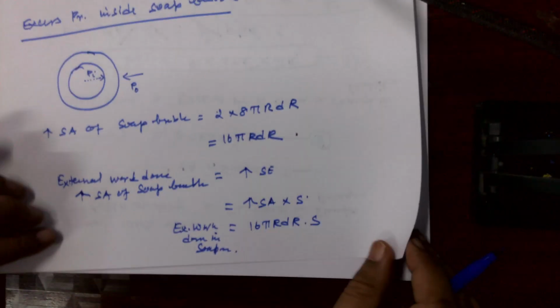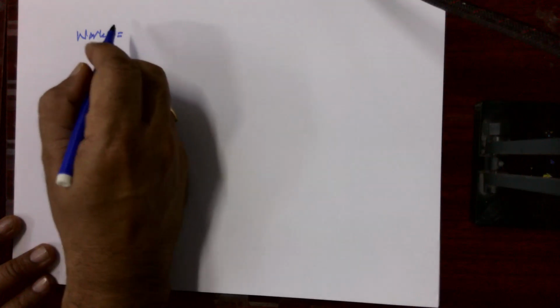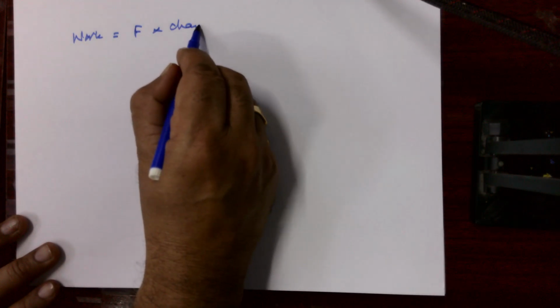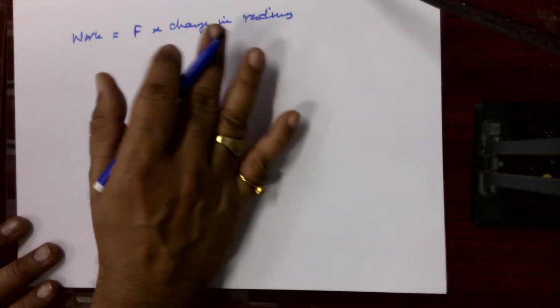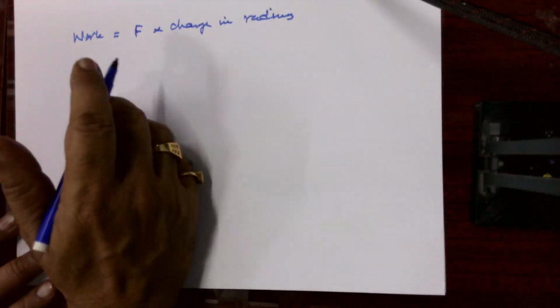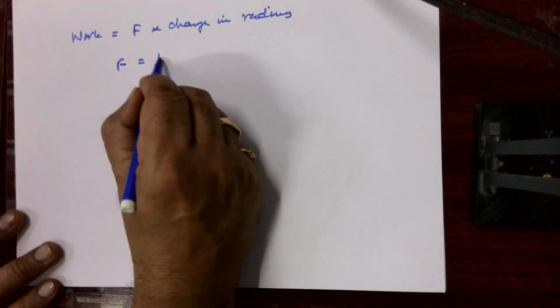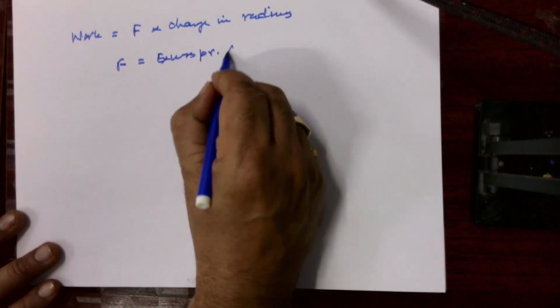Okay, now let us proceed. Have you noted down? Next, let us proceed with the work done. What is work done? Work done is force into the change in radius, force into displacement. This force is equal to the excess pressure into area.